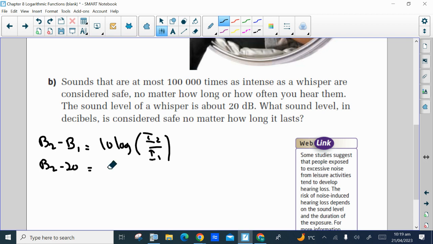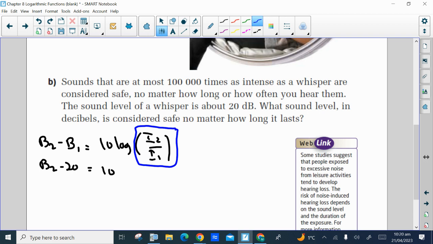Now, on the right side we have 10, but this part here, not the log part, the I sub 2 over I sub 1, like we saw on the previous page, represents how many times more intense one sound was compared to the other.